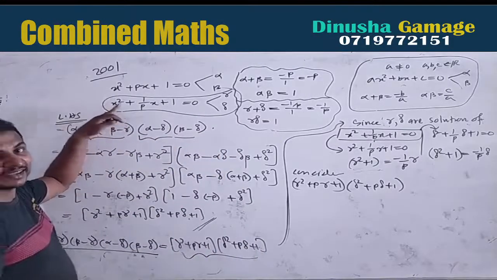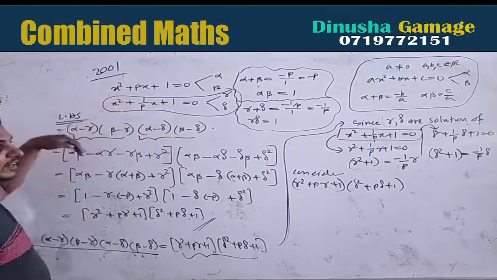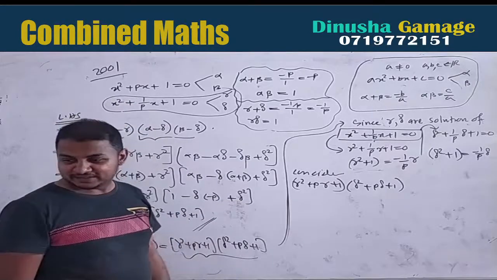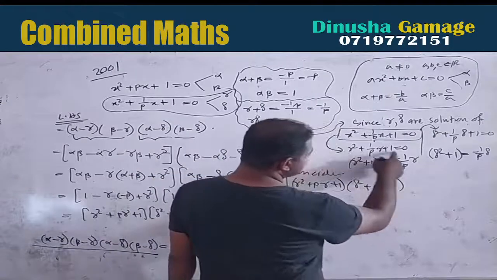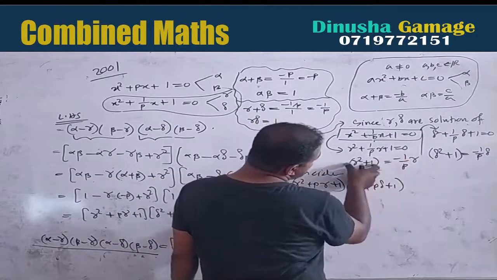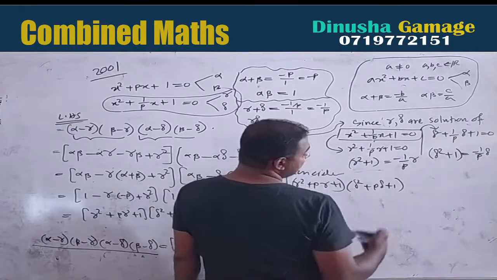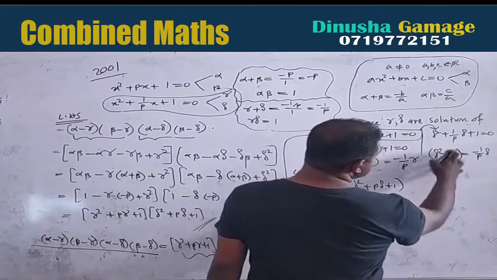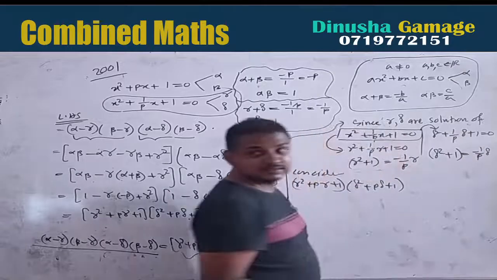Correct? So I substituted, I satisfied it and got gamma square plus 1. I took this middle term to the right hand side: gamma square plus 1 equals minus 1 over p gamma. From this, I took delta square plus 1 equals minus 1 over p delta. Is that clear, brother?